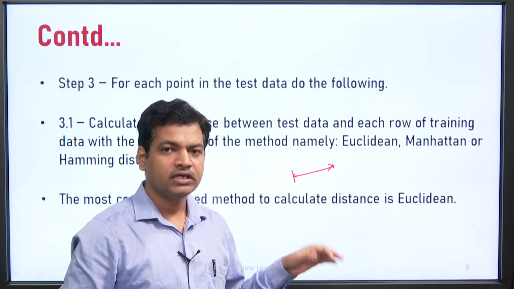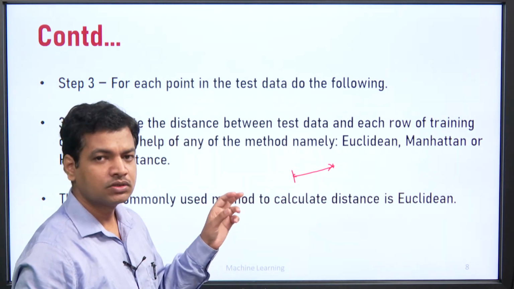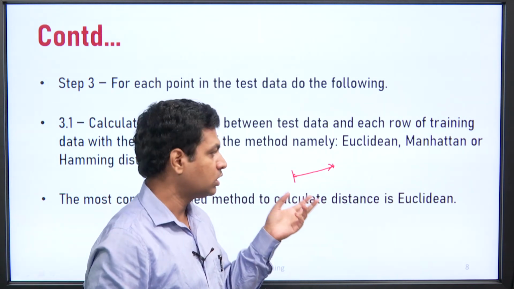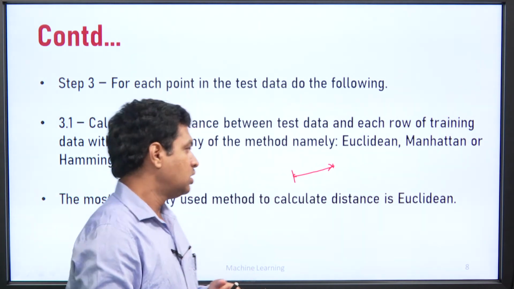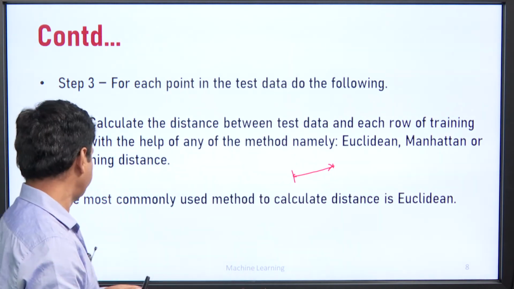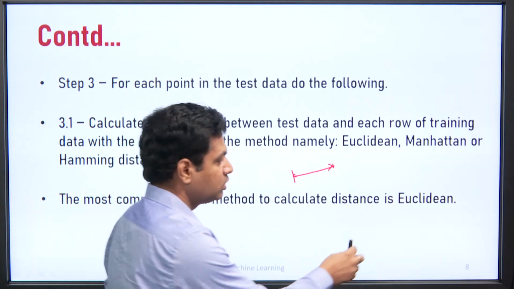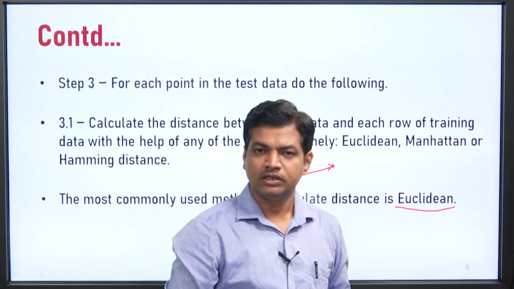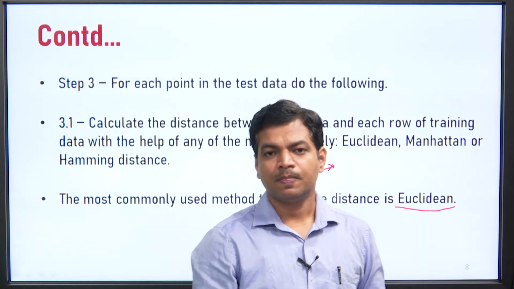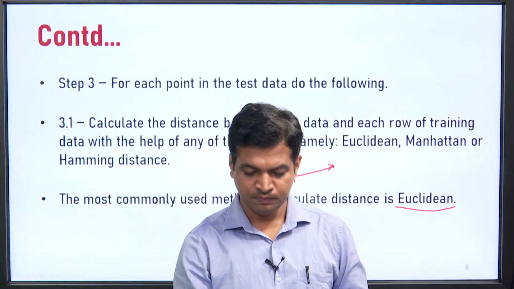Similarly, there are the Manhattan formula and the Minkowski formula for calculating the distance from one point to another. Their formulas are different from each other. The most commonly used method to calculate the distance is Euclidean, because it is a very straightforward formula to calculate the distance of the reference point to the other points near it.